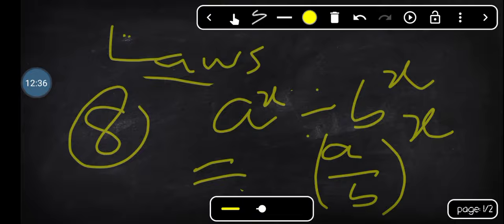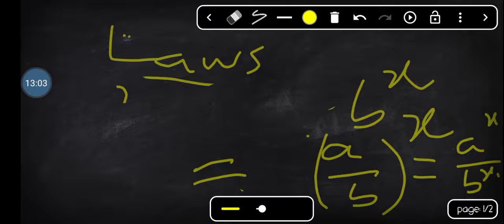That is the answer. The implication is that it will not be x minus x, it will be everything raised to power x. In some textbooks, you will find it written as a raised to power x over b raised to power x. It's the same thing.